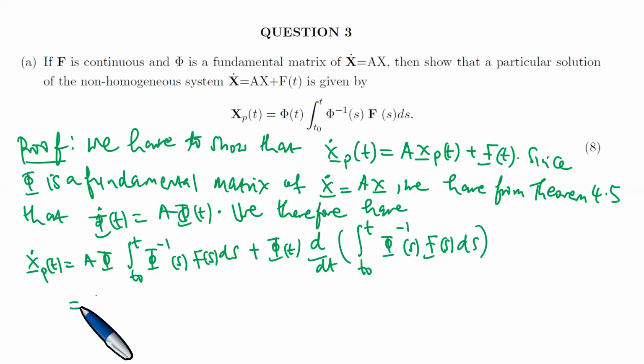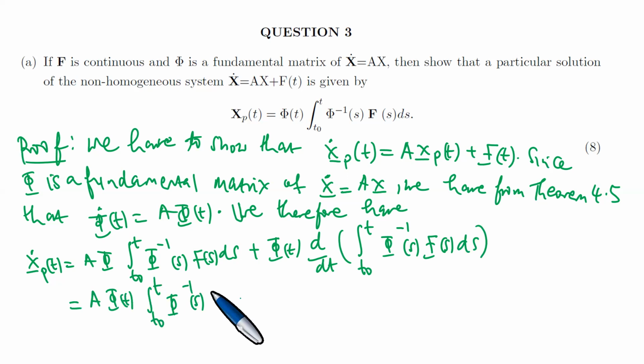So you have a phi of t p0t phi inverse f of s ds.